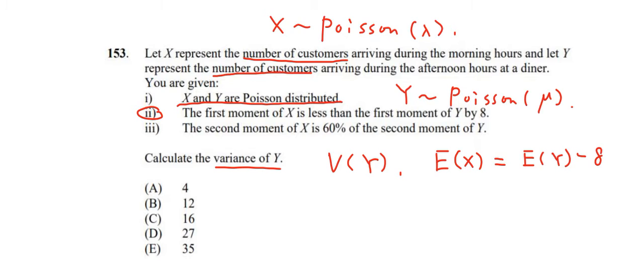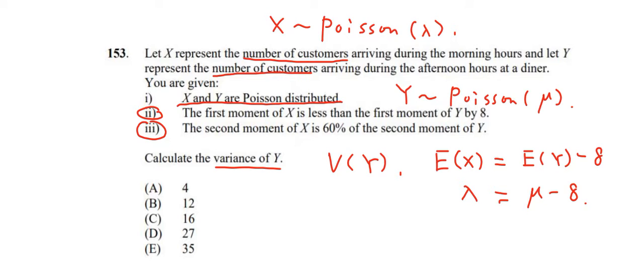X is less than Y by 8. This X actually is lambda, so we get lambda equals mu minus 8. That is the first equation.